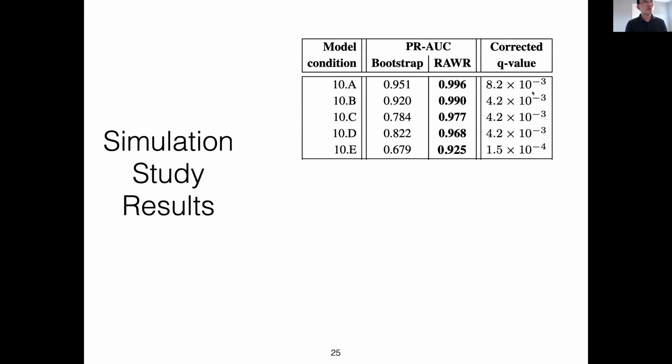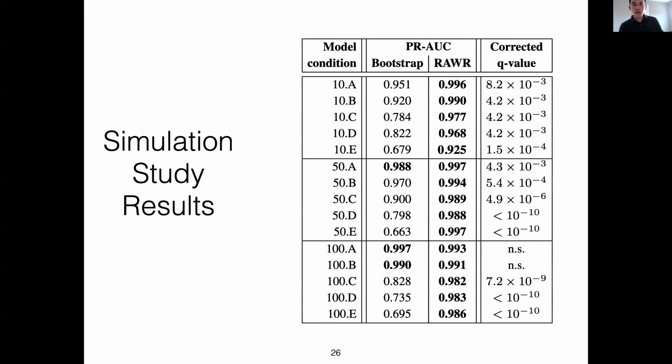The corrected q-value is shown in the last column. What we can see is that for these 10 taxon model conditions, in all of these cases, RAWR is giving significant and increasingly large improvements in area under curve, especially as these model conditions get more divergent, and therefore the alignment and tree estimation problems get more difficult. That's on the 10 taxon model conditions.